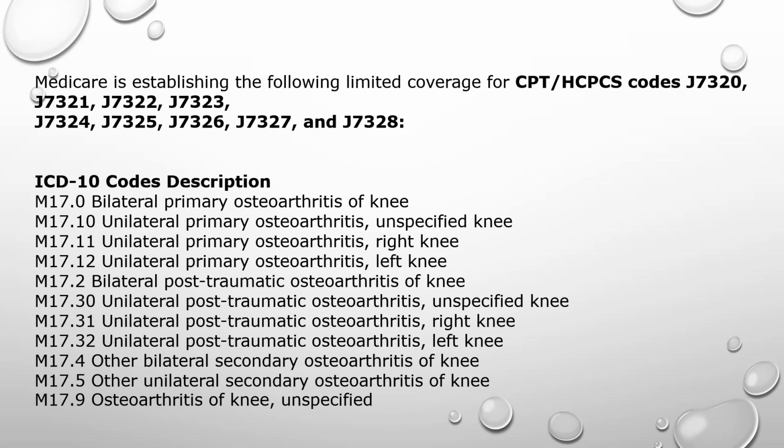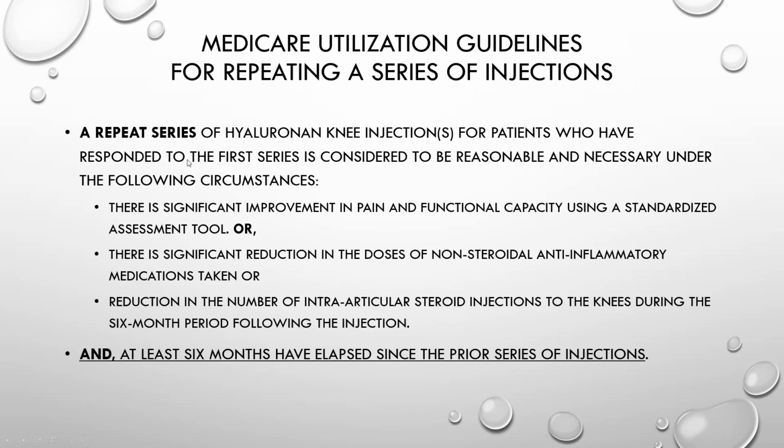So large joint injections are only going to be considered for osteoarthritis of the knee to be able to bill for and get paid for the Hyalgan injections. They do not cover the shoulders, for example, under Medicare. It is only going to be for the knee. So be aware of that.